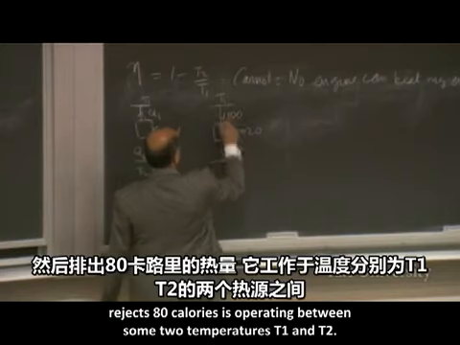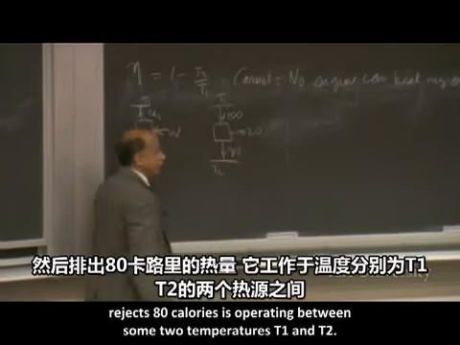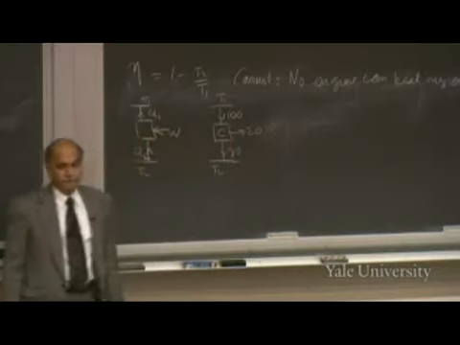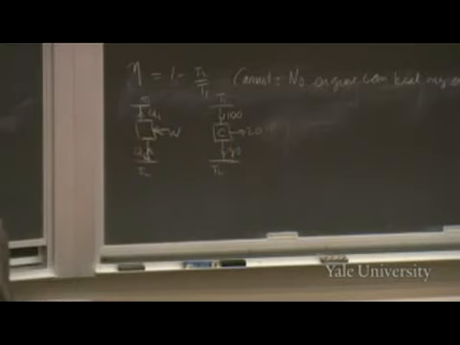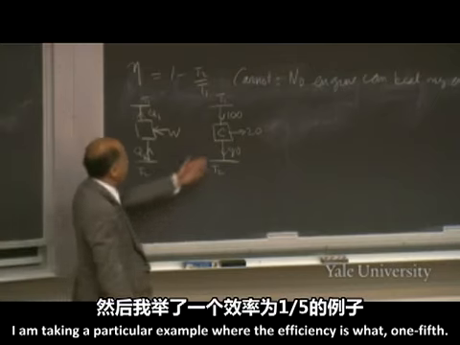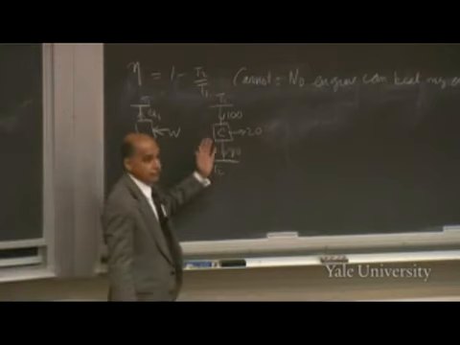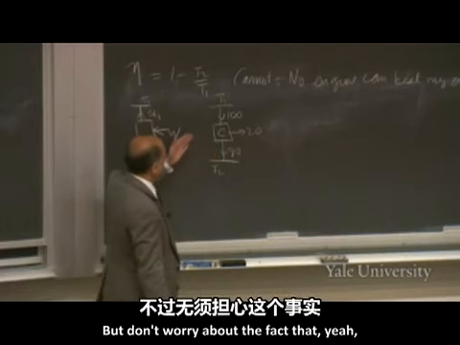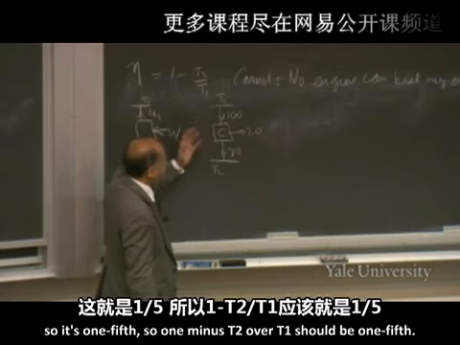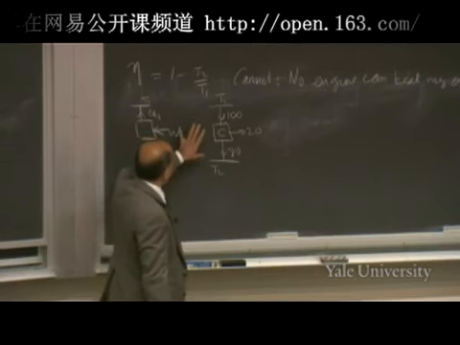It's operating between some two temperatures, T1 and T2. This is the Carnot. I'm taking a particular example where the efficiency is 1/5. So 1 minus T2 over T1 should be 1/5.